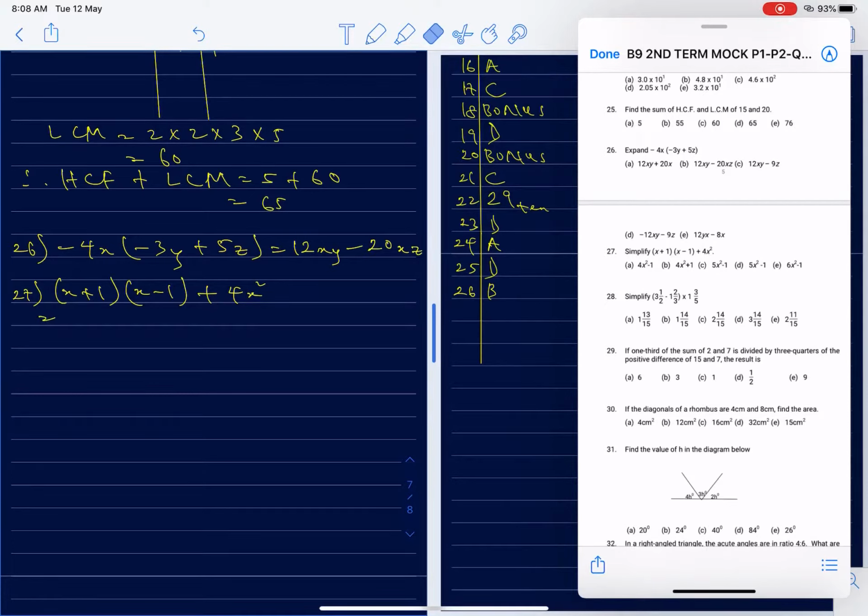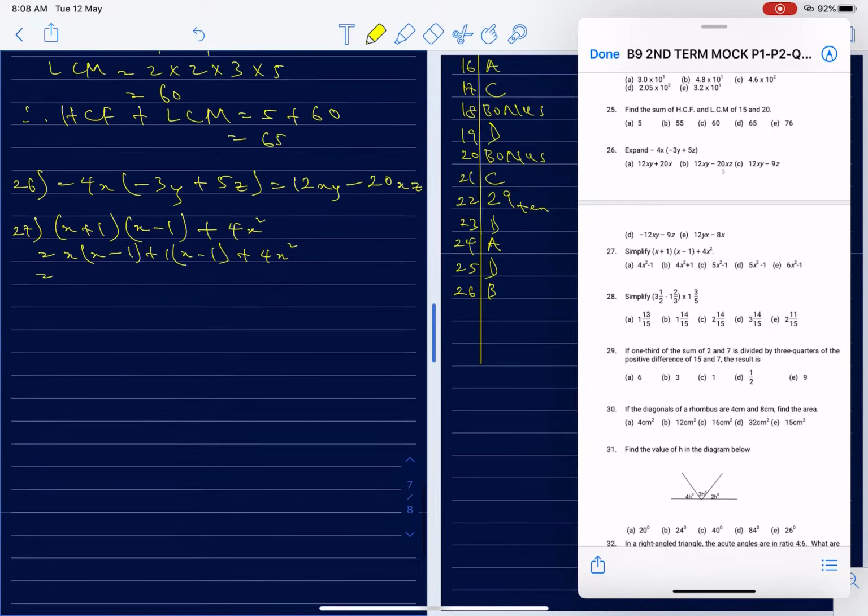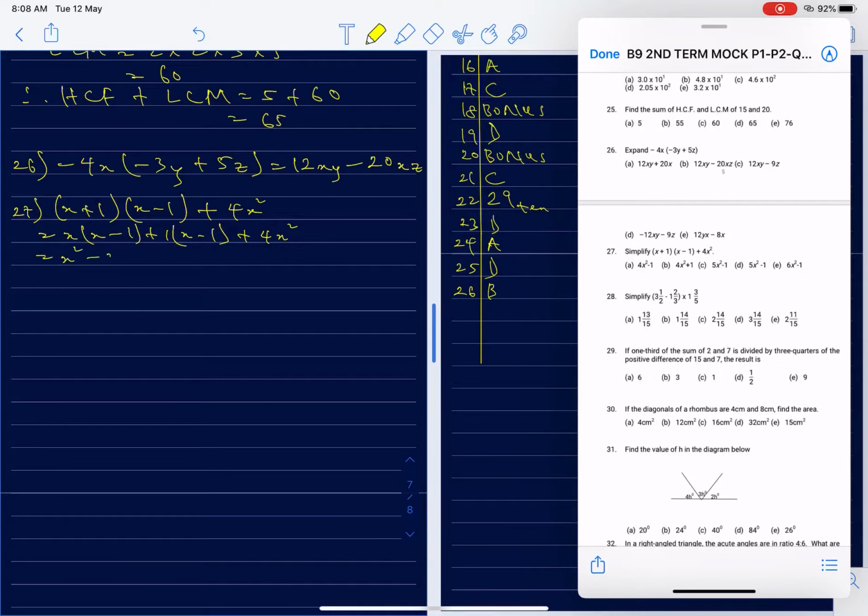This is actually a difference of two squares, but for clarity, let's open the bracket. That becomes x squared minus x plus x minus 1 plus 4x squared. Minus x plus x is 0, so that means x squared minus 1 plus 4x squared. x squared plus 4x squared is 5x squared minus 1, and that's the answer.